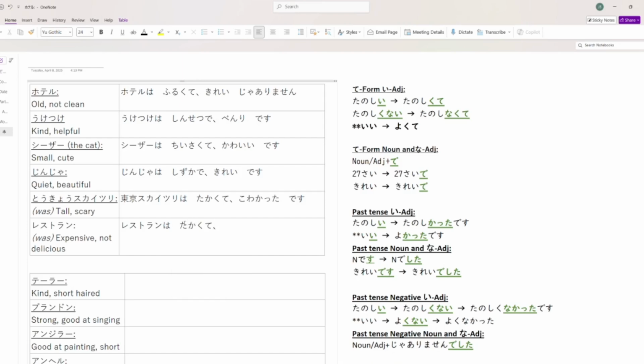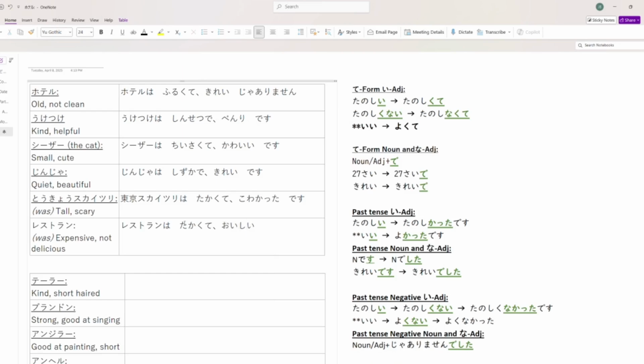Why did it make sense to me last time, but not this time, even if it's the same word? I don't know. And not delicious. Oishikunai. Oishikunai jarimasen. Yeah, because it is an e adjective, right? It's got that e there.